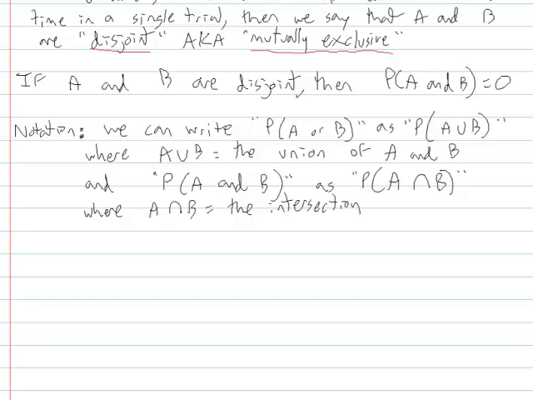Intersection. Well, an intersection, if you haven't studied these terms before, is where two things intersect. They overlap. If you're standing in the middle of an intersection on the roads, then technically you're in both streets at the same time.